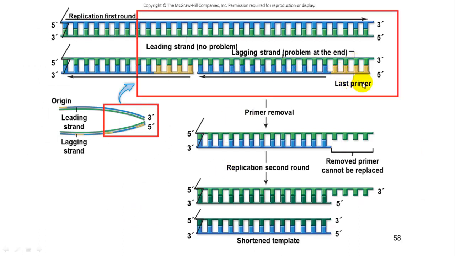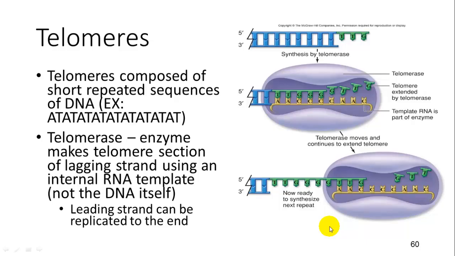That last little bit can't be replaced because it has a primer on there, and so it gets shortened. So what telomeres do is they compose short repeated sequences to extend that last little piece so that you can preserve that last little end.